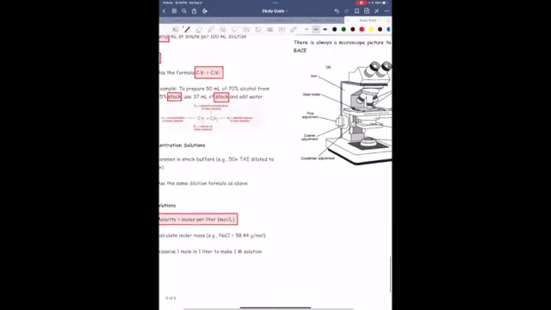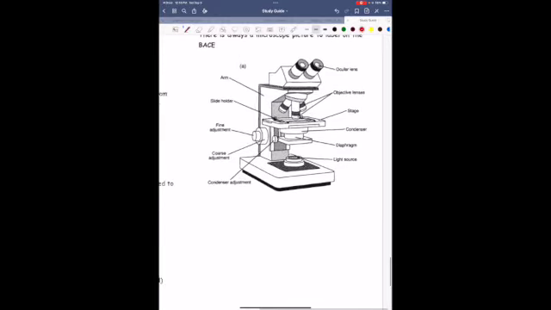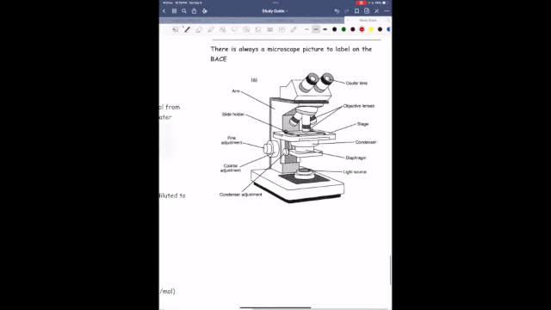And the final one is that on just about every BACE test that I have seen, there has always been a microscope that you will have to label. Once again, I think these are really easy points. The lens you look at is the ocular lens.